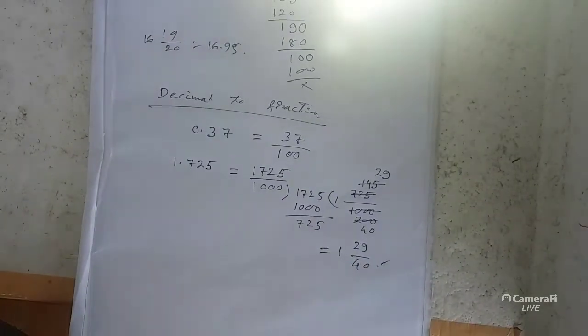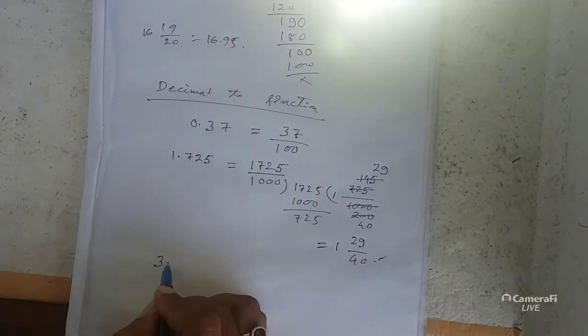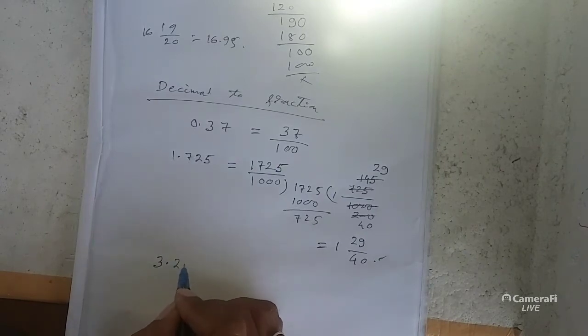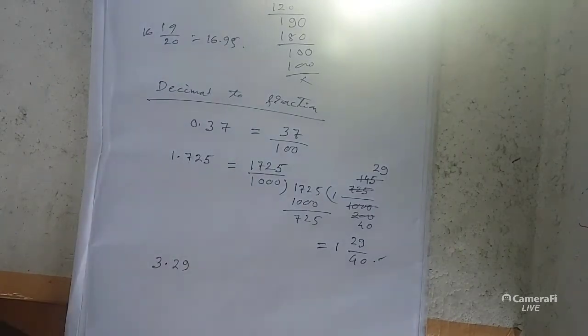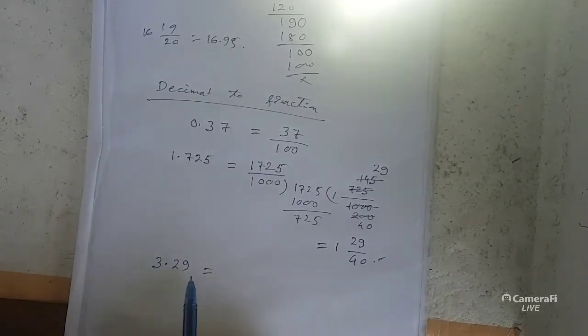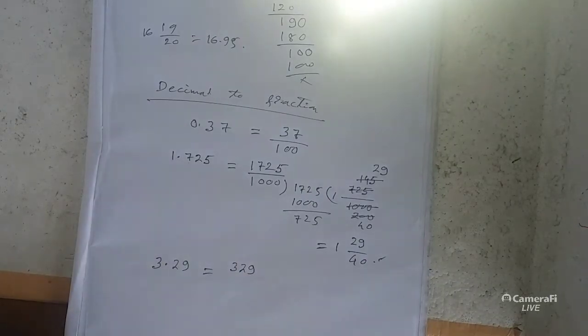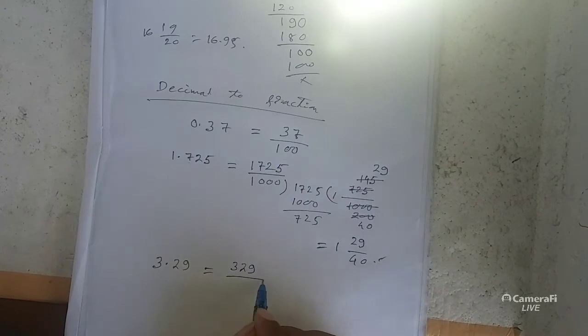Let me give another example. Suppose the number is 3.29. So take the numerator, removing the decimal from the whole number, 329 is the numerator. What will be the denominator? After the decimal there are 2 digits, so 1 and then 2 zeros.